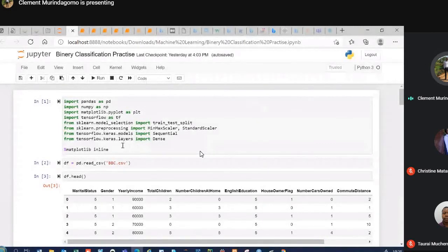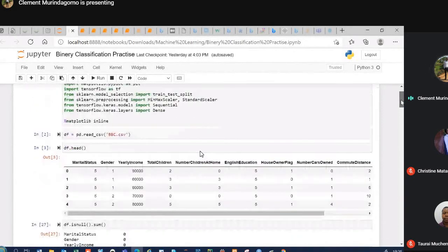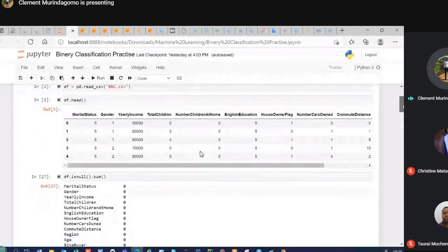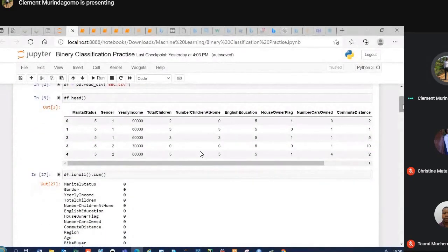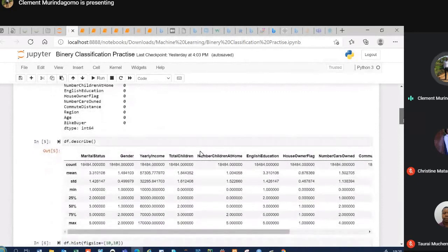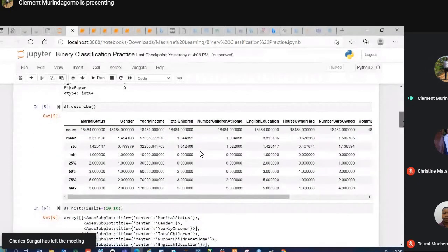So what I did, the first line here, I've been importing all the libraries that I wanted to use. Then on the second one, I had to read my CSV file. Then from line 3, that's where I started my EDA, where I just selected the head of the data frame. And then here I was checking on the values. And this line, I was describing the data frame.